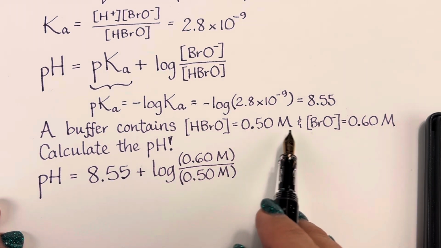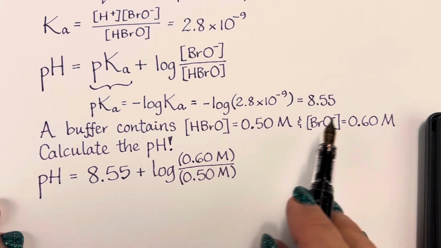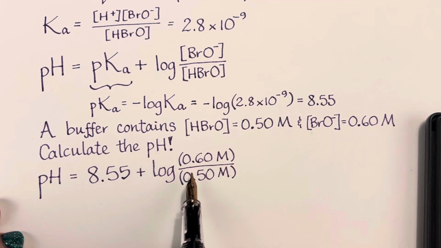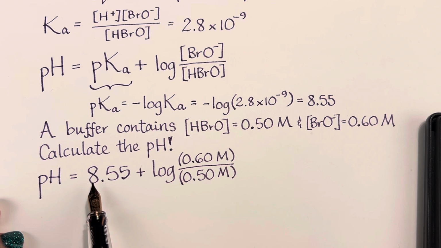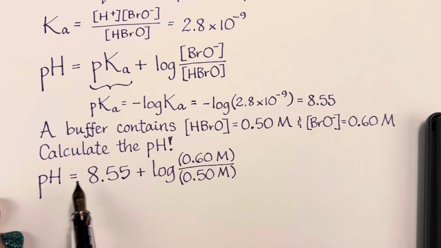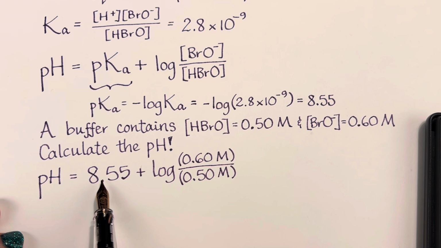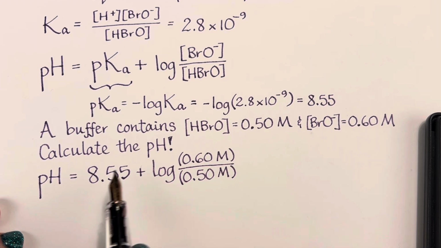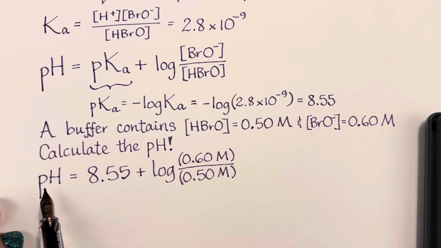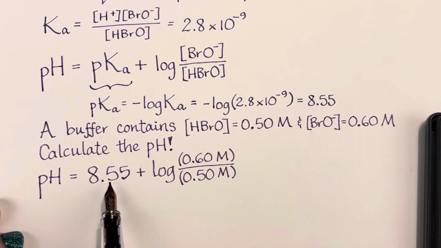So this ratio between the acid and the conjugate base should be relevant to whether the pH will be greater than the pK or less than the pK. Or, if these are equal, the log of 1 equals 0, and the pH will be equal to the pK.